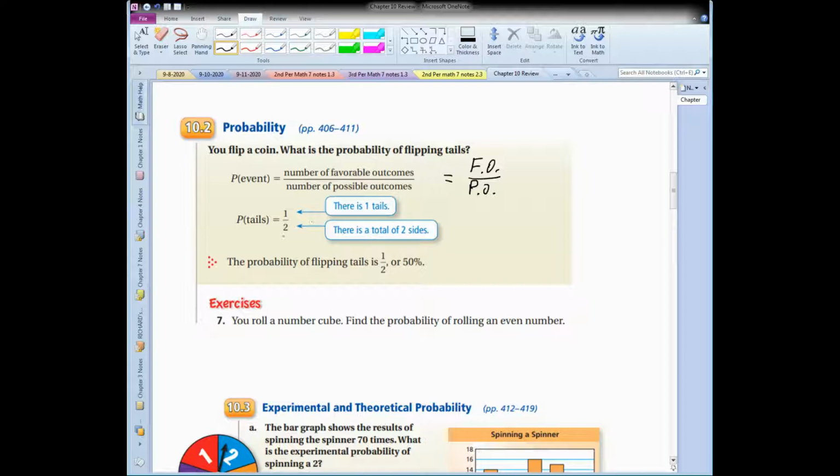There are 2 total sides, so there are 2 possible outcomes when you flip a coin. One of those outcomes is tails, so the probability is 1/2, or you can write it as a percent. Make sure you read the directions carefully. If the directions say write your probability as a percent, then write it as a percent. If they say write it as a fraction in simplest form, write it as a fraction in simplest form.